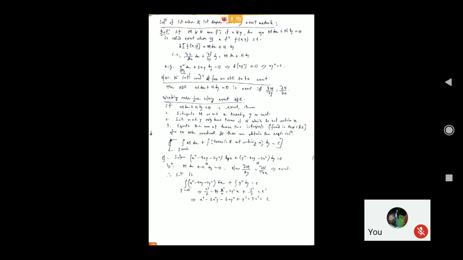For example, if we have this differential equation y² dx plus 2xy dy equal to 0, this expression on the left hand side can be written as d of xy² equal to 0.